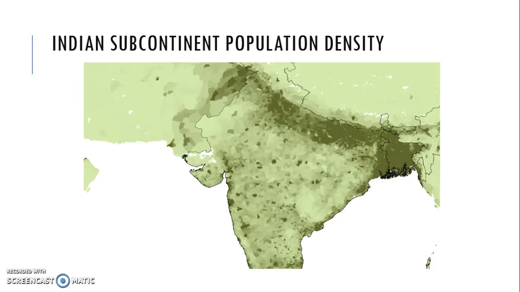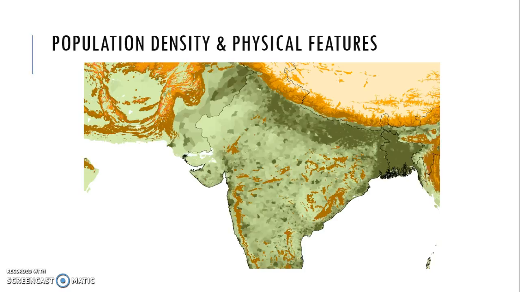So let's look at some physical factors. This is an elevation map, and basically the brown colors mean higher elevations and the lighter colors mean really high elevations. So we see that here we have a very steep increase in elevation, and this is the Himalayan mountains.